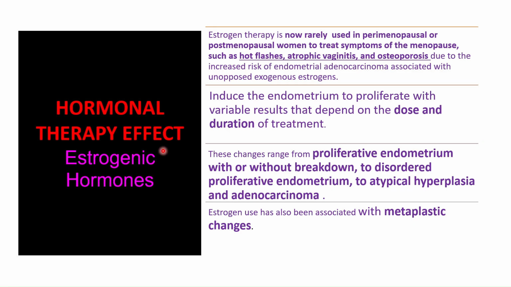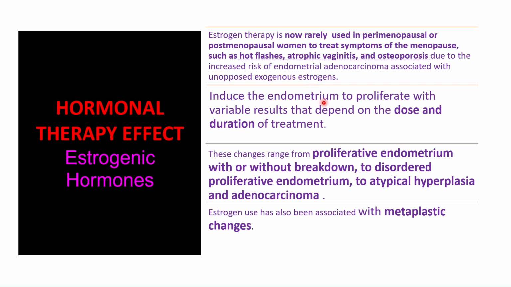So first, estrogenic hormones. They are now rarely used in perimenopausal or postmenopausal women for the treatment of hot flashes, atrophic vaginitis or osteoporosis because of the increased risk of endometrial adenocarcinoma associated with unopposed exogenous estrogen.